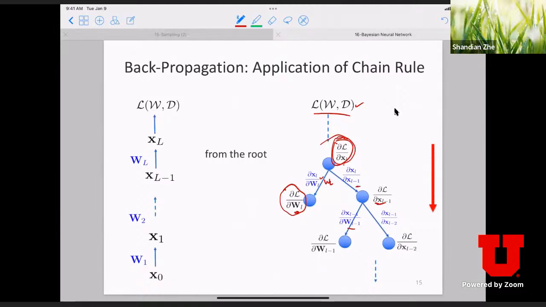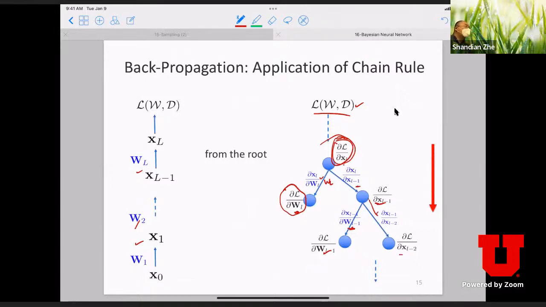And then you compute the partial derivative of XL minus 1 with respect to WL minus 1, meaning the weight matrix on that edge. And then you just multiply together, you get this. Right? And similarly, you keep doing this, you move to the layer below. You continue to do this until you reach the bottom layer. And throughout this procedure, you can efficiently compute the partial derivative of the loss with respect to every weight matrix.